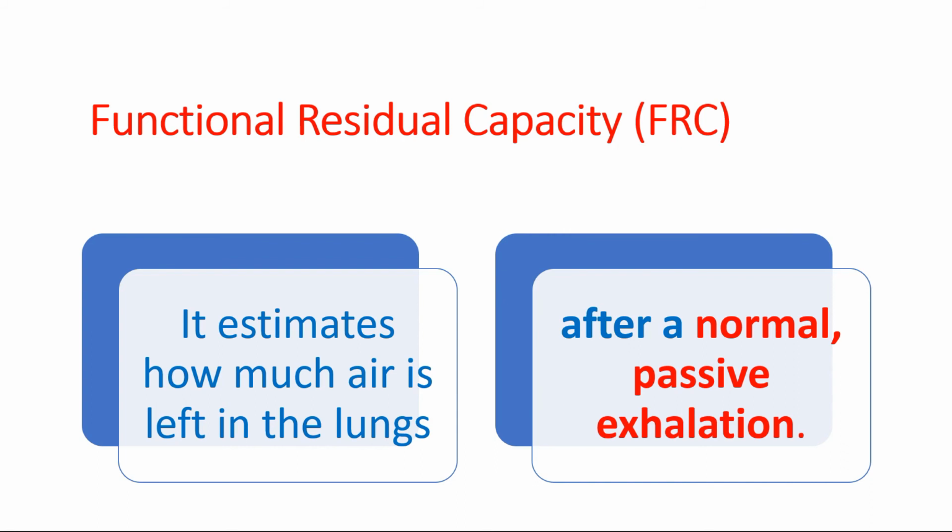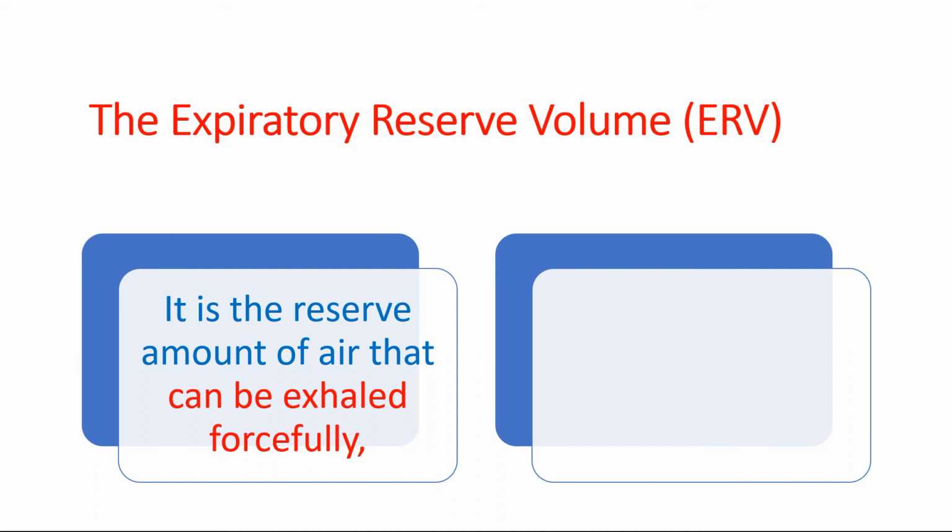See, if you make a normal passive exhalation, do you think that there is some air you can still exhale? Yes, we have some more air we can exhale, and this is called the expiratory reserve volume. So the expiratory reserve volume is the reserve amount of air that you can exhale forcefully after passive exhalation.